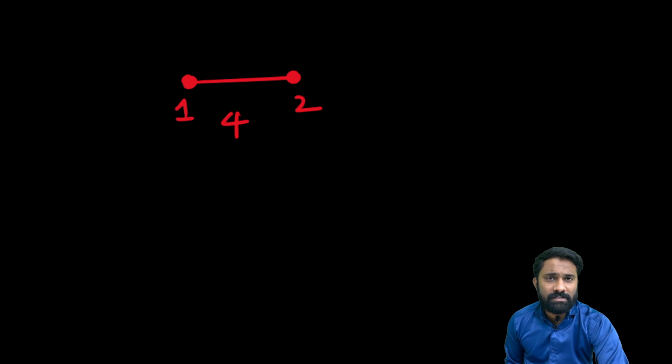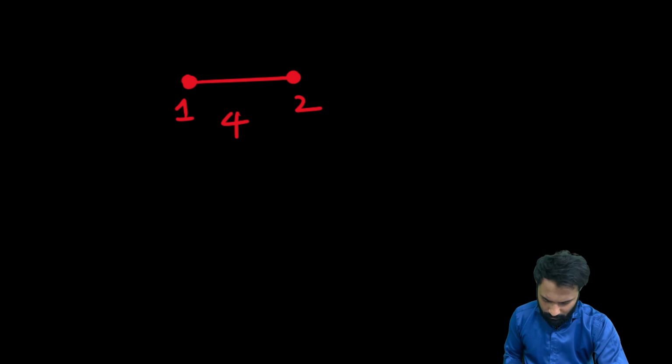Why are we going to use these units? Let's take one point and another point, and the distance between these two is 4. If I say the distance between the point at 1 and the point at 2 is 4, what is the meaning of 4? There is no meaning, right?